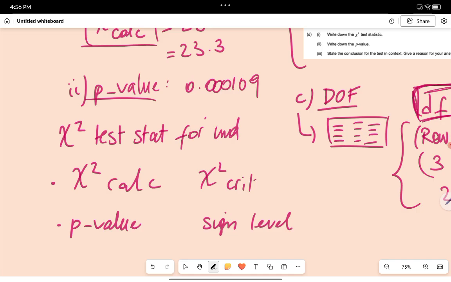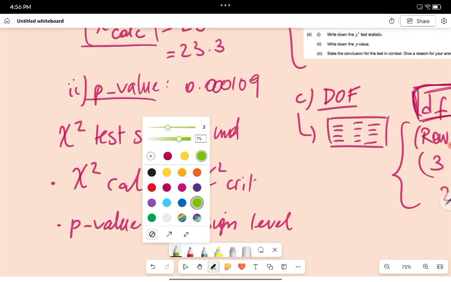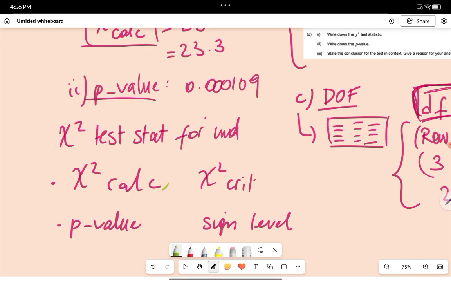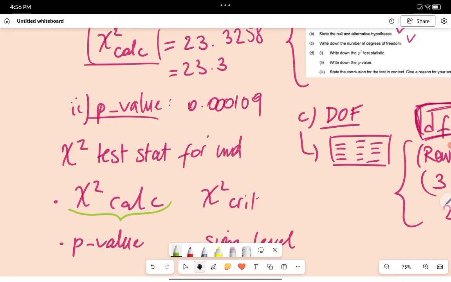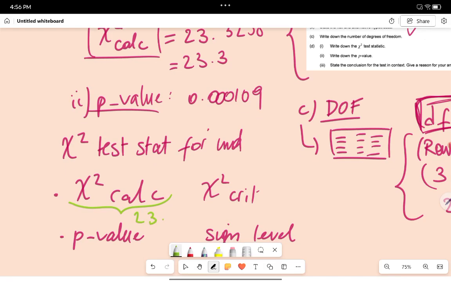So let's do this together. What is the chi-squared calc? The chi-squared calc is 23.3.